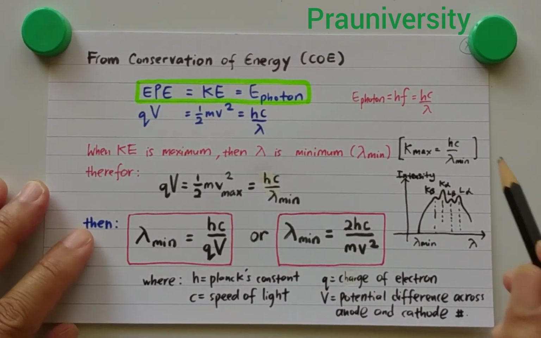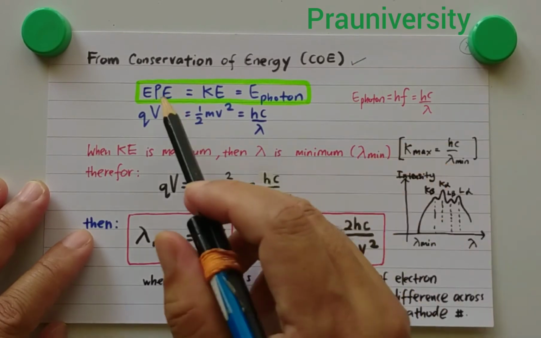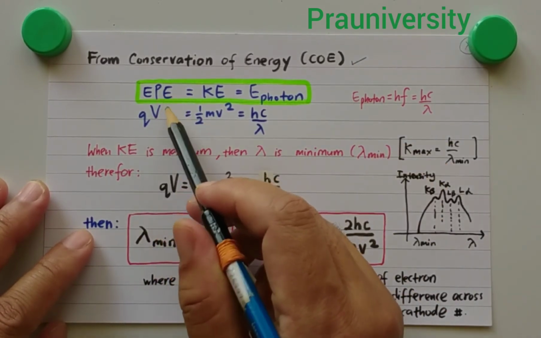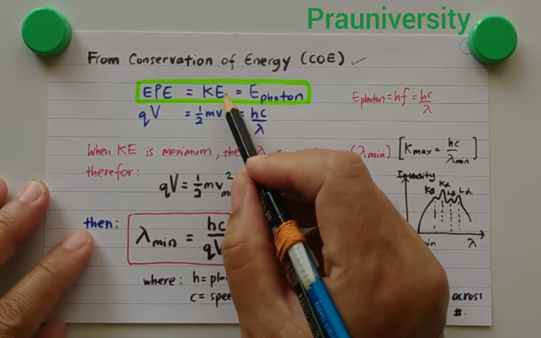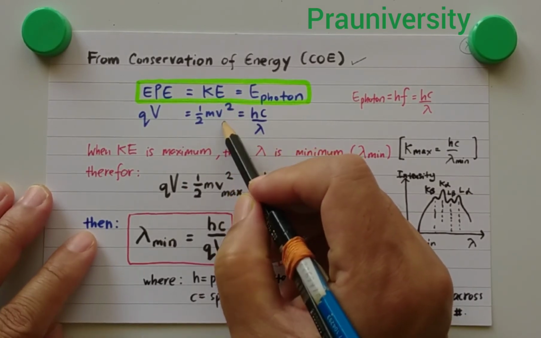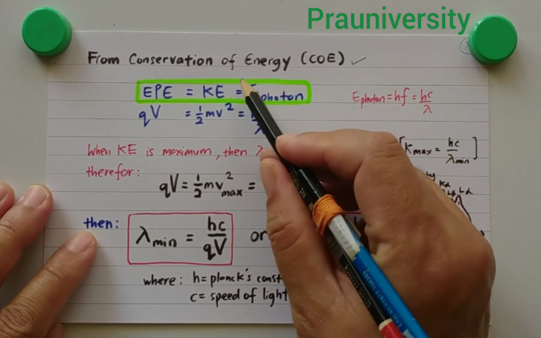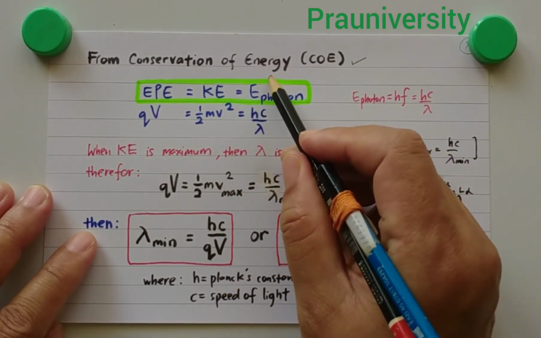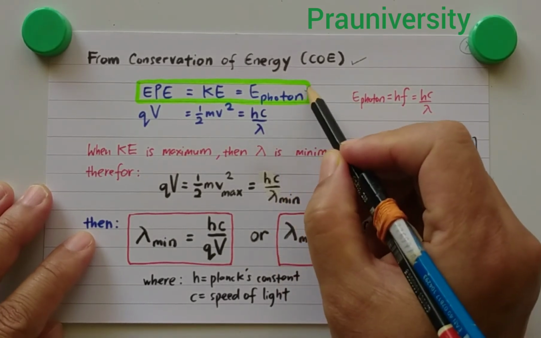So from the conservation of energy, COE, the electrical potential energy experienced by the electron is converted to the kinetic energy, half mv power of 2, and then after the electron hits the target atom or the anode, it changes to the energy of photon.